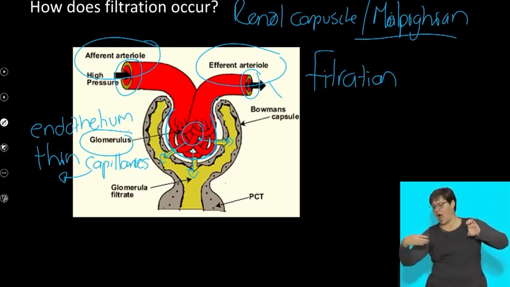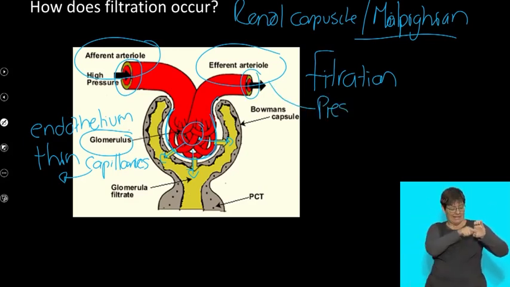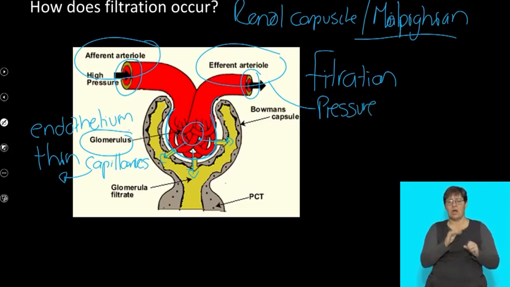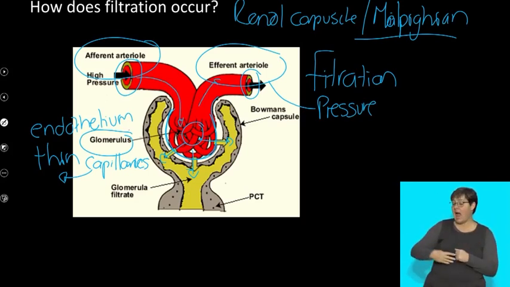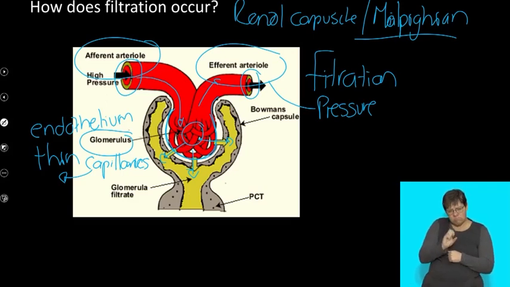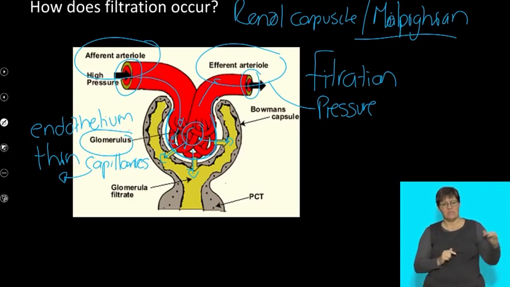And that is really good because it creates pressure. So why is pressure good? It creates squeezing. Now have a look. If more blood goes in than comes out, you've got squeezing happening over here. All this blood is trapped and it's forced out into the kidney.